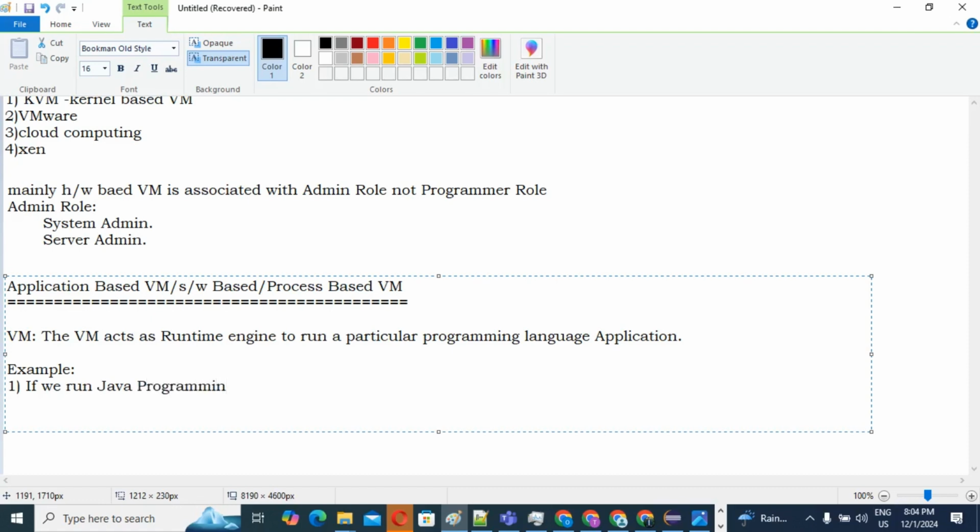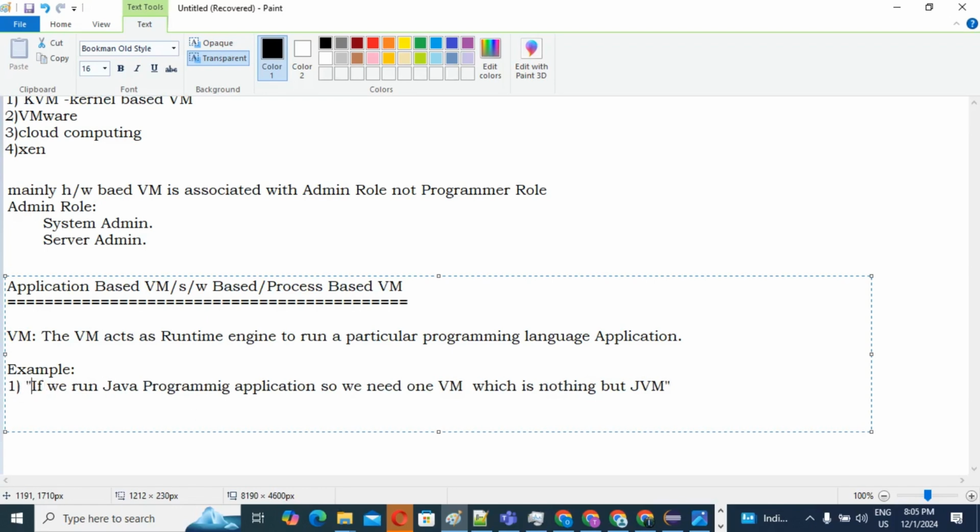If we run a Java programming application, we need one virtual machine, which is nothing but the JVM. Such a definition you can't get elsewhere; what I'm going to explain is a complete understanding.